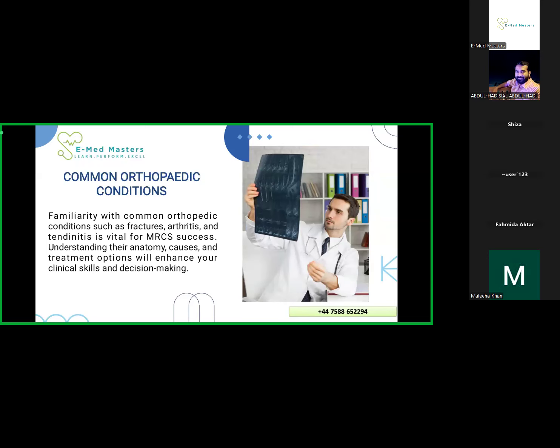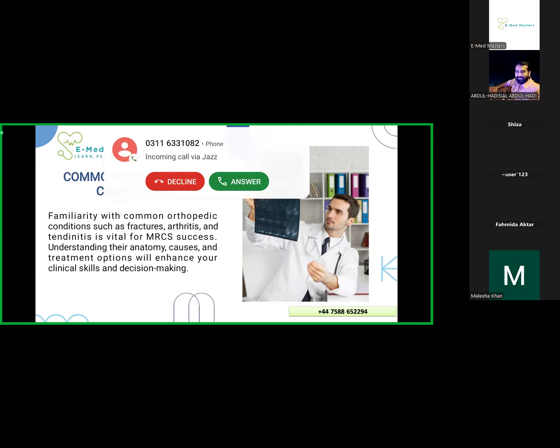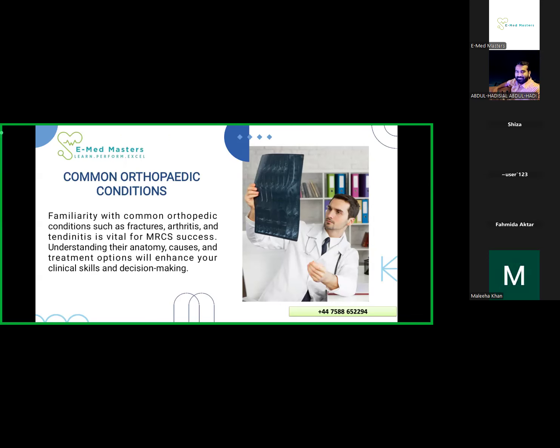You have to know the fracture geometries and which fractures are more prone to non-union, and fractures at different ages. You have to know the physeal slips. Familiarity with these common orthopedic conditions will help you in understanding the basic concepts and fundamentals of the MRCS part.